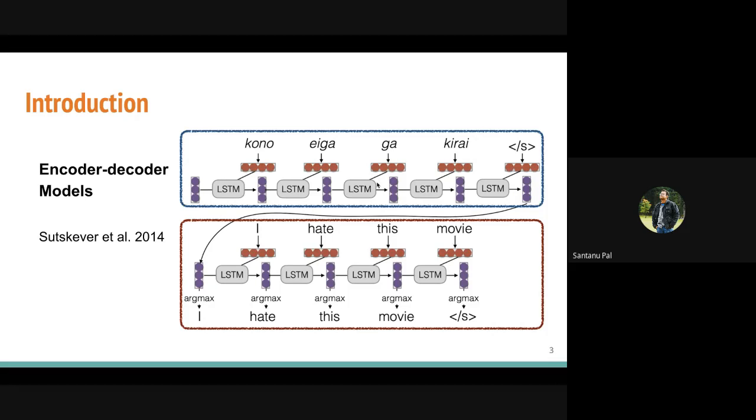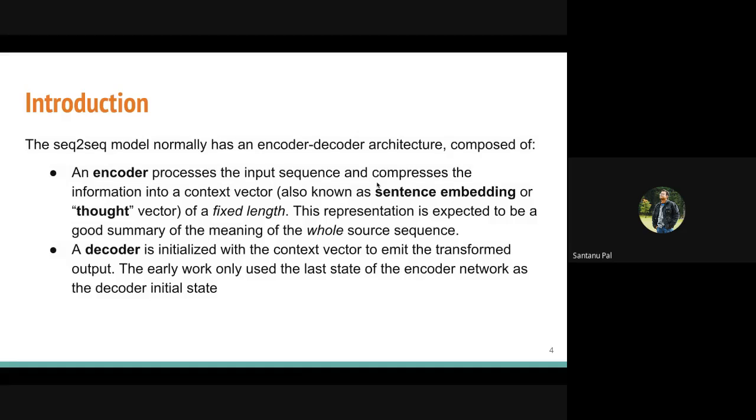So they have presented a context vector, also called a thought vector. Here the encoder processes the input sequence and compresses the information into a context vector, and this context vector is generally a fixed length vector.